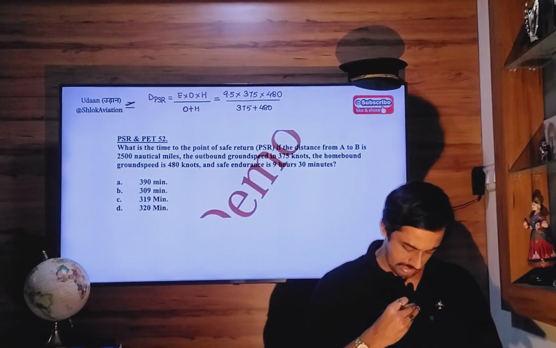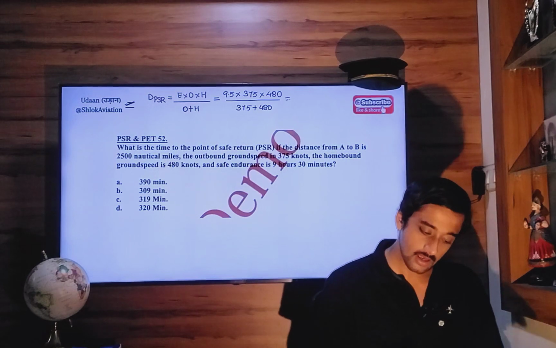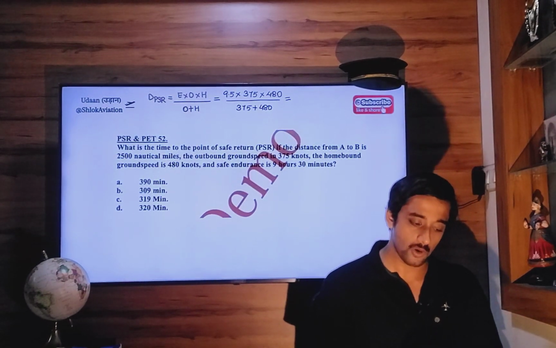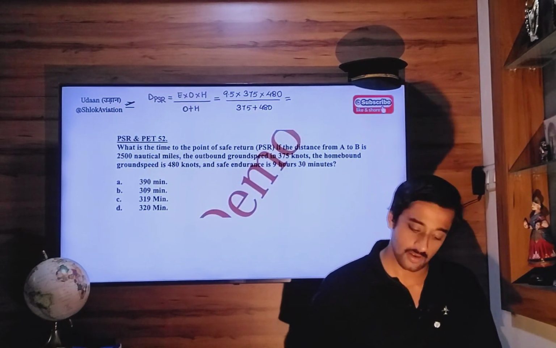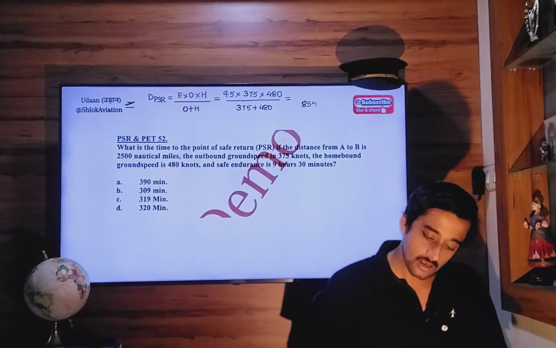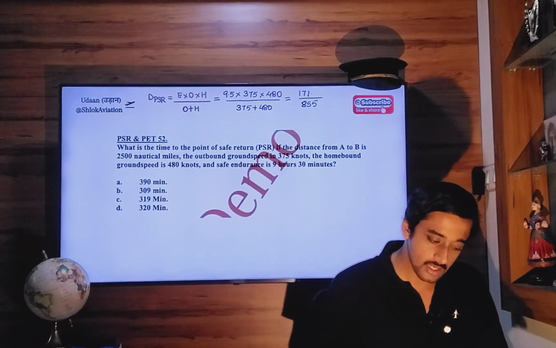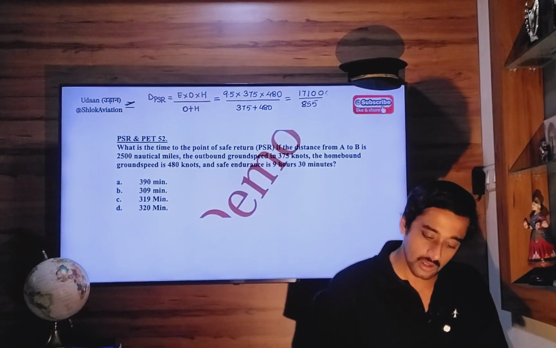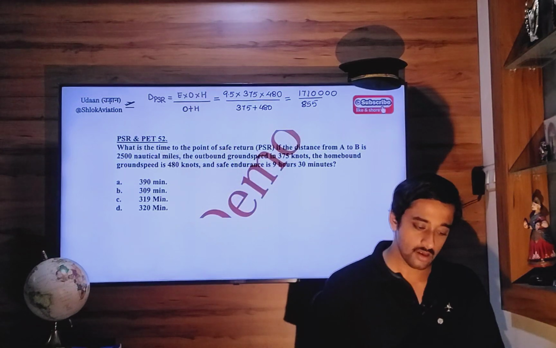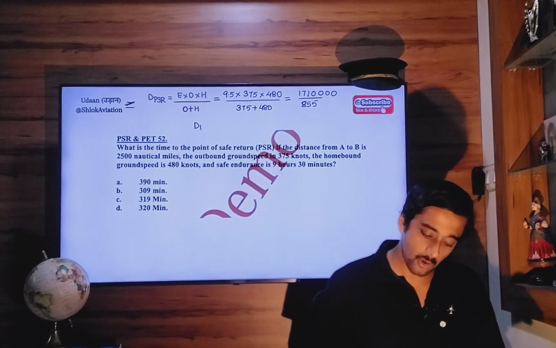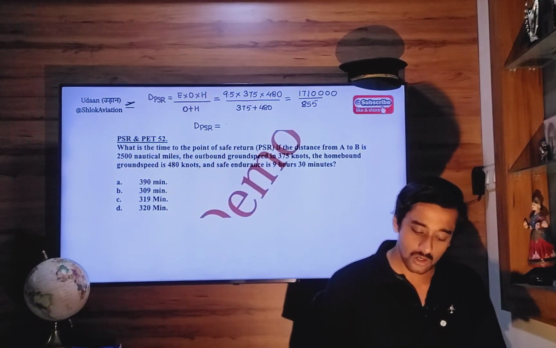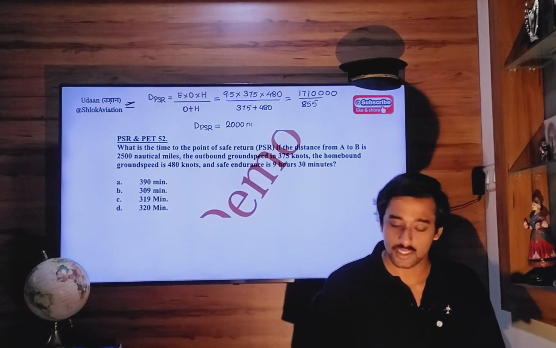So 375 plus 480 is 855. In the numerator we have 9.5 into 375 into 480, so that is equal to distance to point of safe return is 2000 nautical miles.